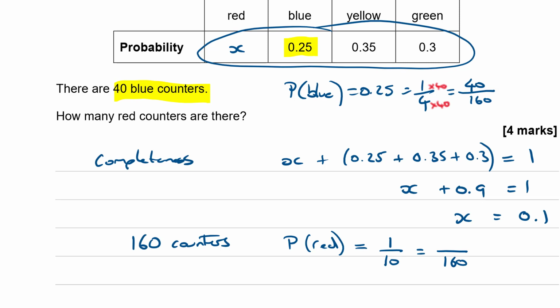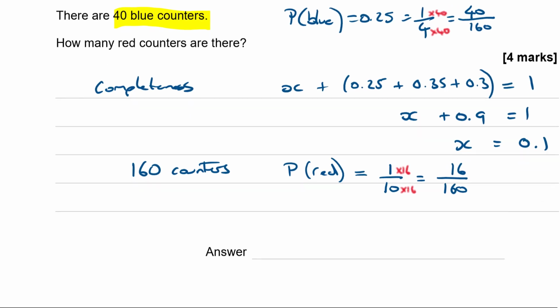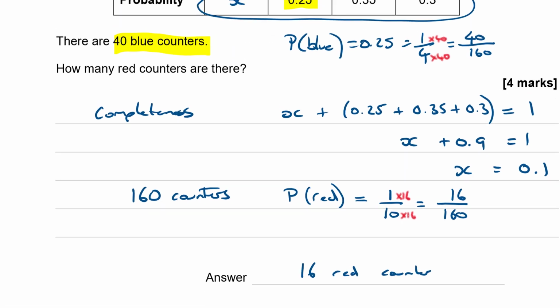So to get from 10 to 160, I have to multiply by 16, wouldn't I? So if I do the same to the top, it means there must be 16 red counters out of a total of 160 counters altogether. So I'm saying then there are 16 red counters altogether.